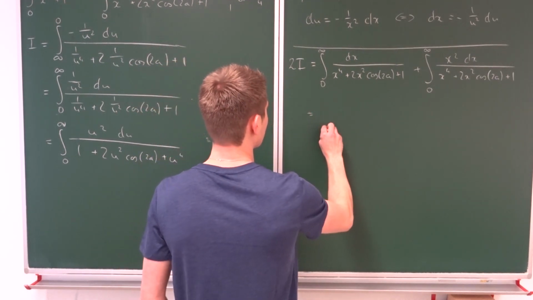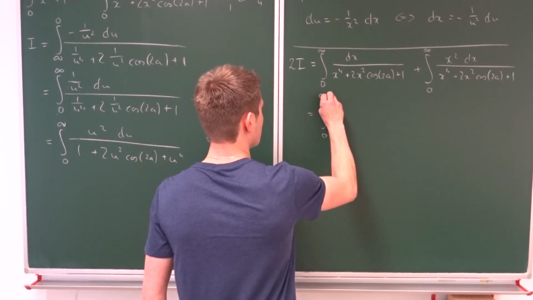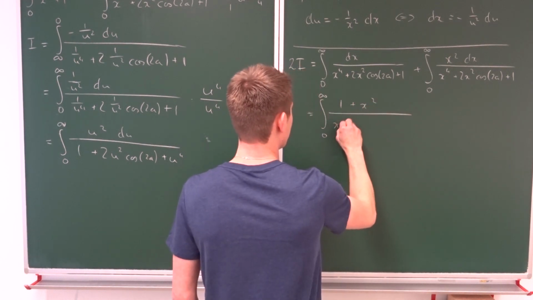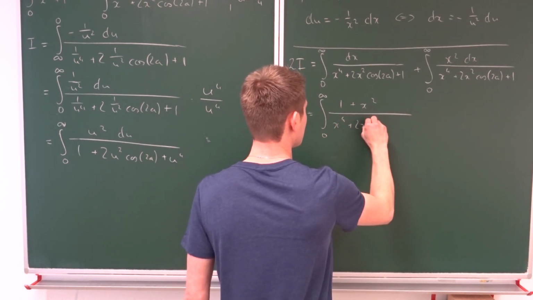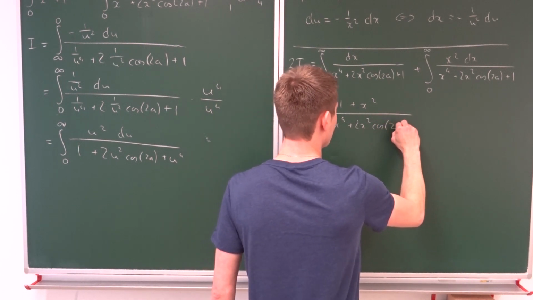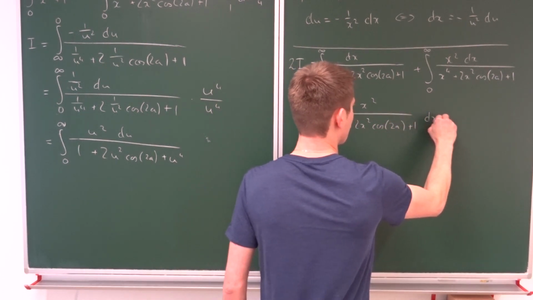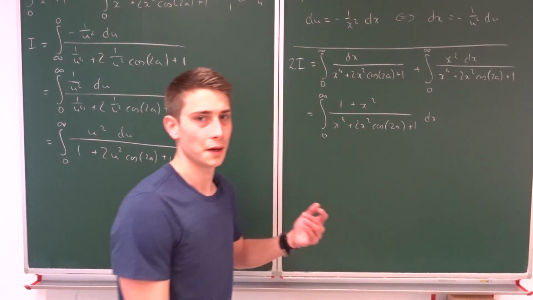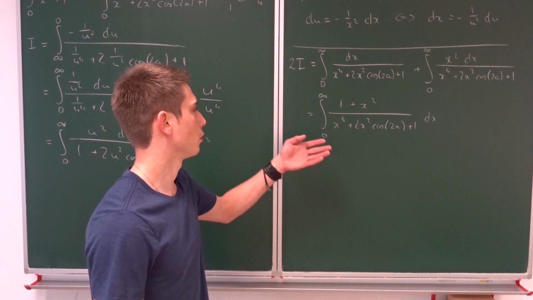So let's try it. That's the integral from 0 to infinity of 1 plus x squared divided by x to the fourth power plus 2x squared times cosine of 2a plus 1 in terms of x. Okay, and we are nearly back at our original integral.